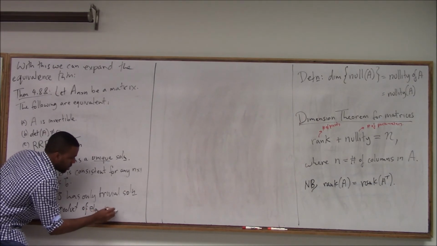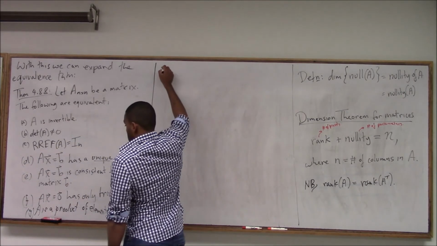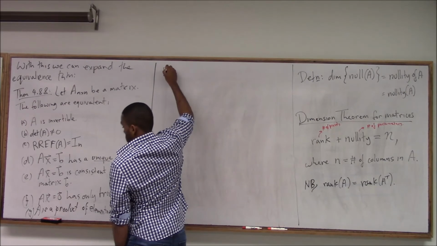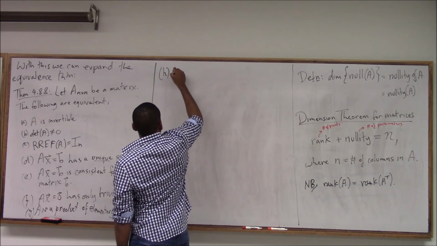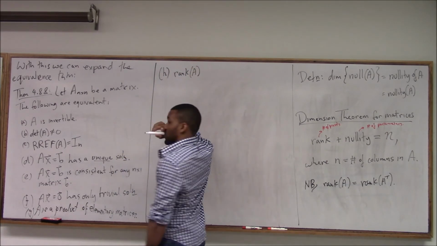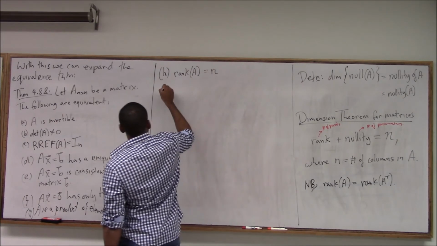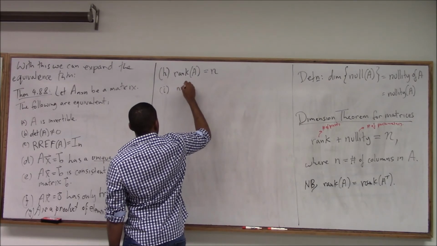But here's something that, based on today's lecture, we can now start talking about. H. What can you say about the rank? It's equal to n. What can you say about the nullity?